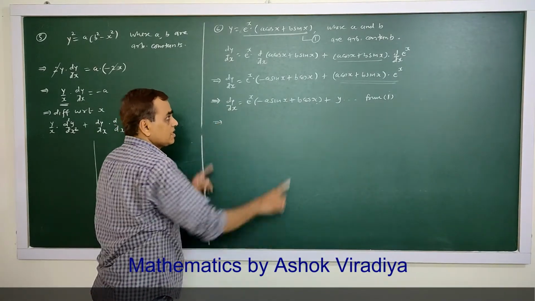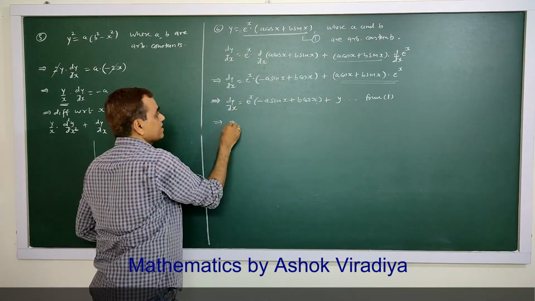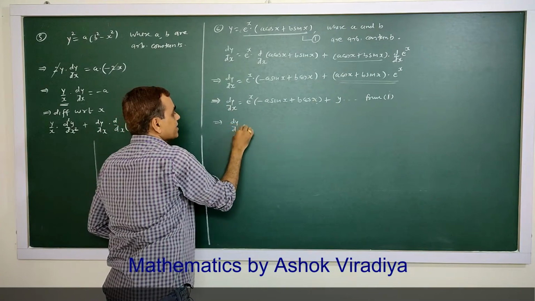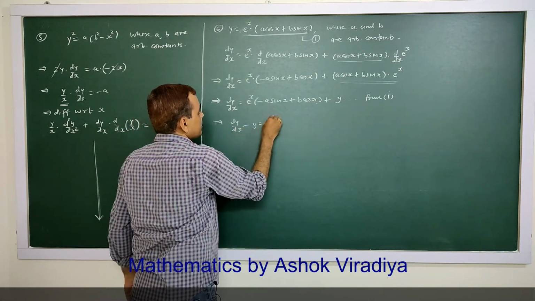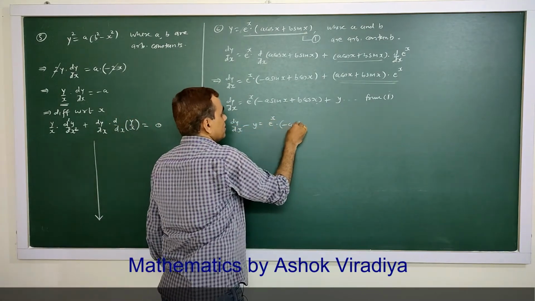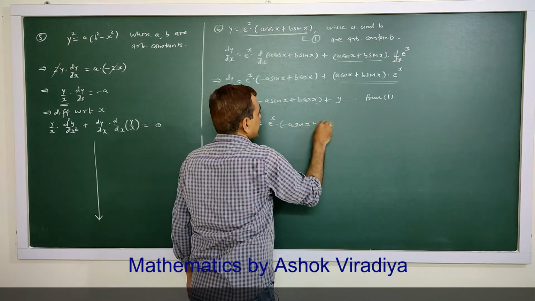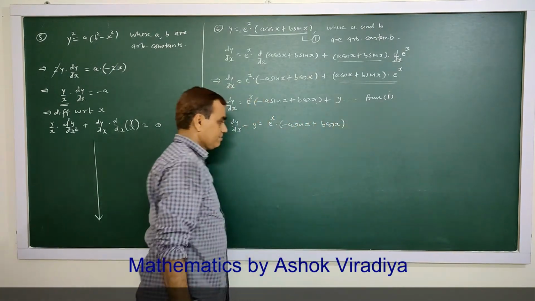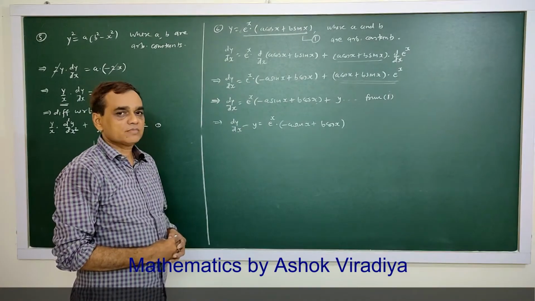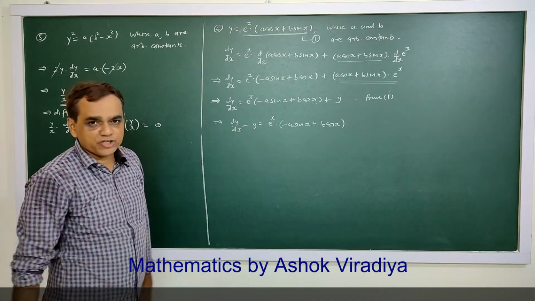Implies, now this y I am taking on this side, dy by dx minus y is e raised to x into minus a sin x plus b cos x. Now once again we differentiate.